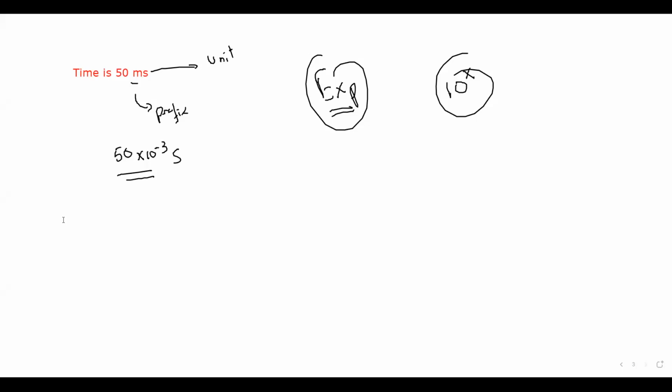Which apparatus is more accurate here? Both are in centimeters. So the correct answer is A, because A can measure a very small quantity, which is 0.02, as compared to B, which can only measure 0.1 centimeter.